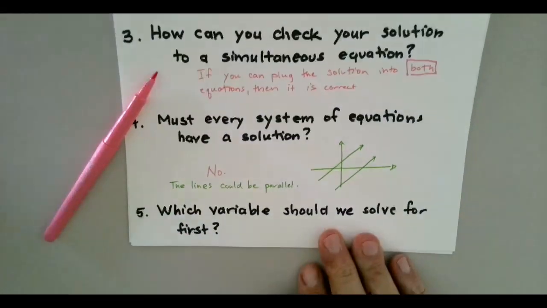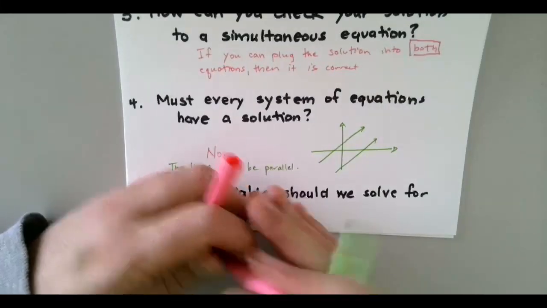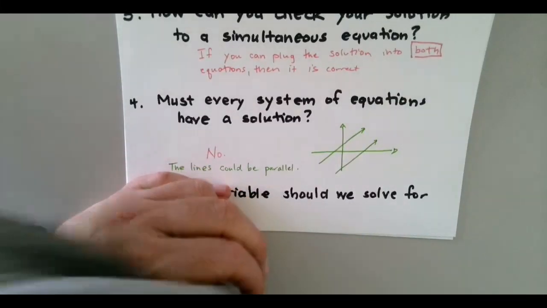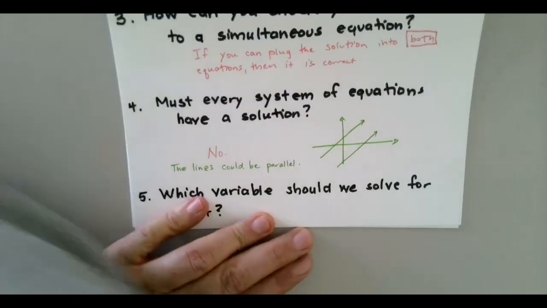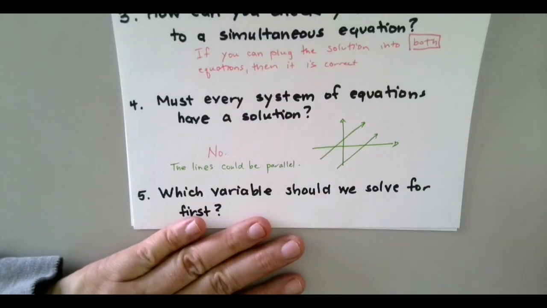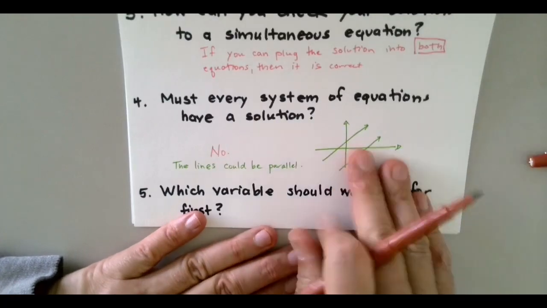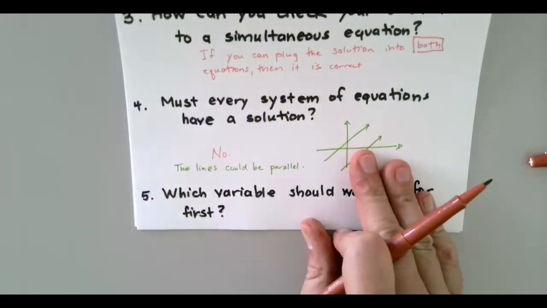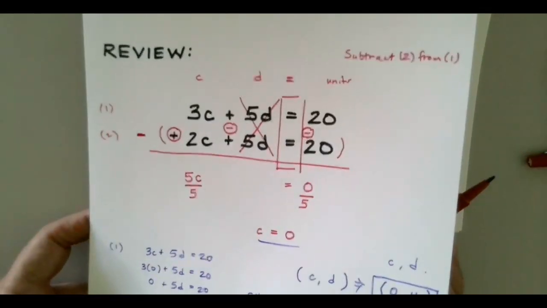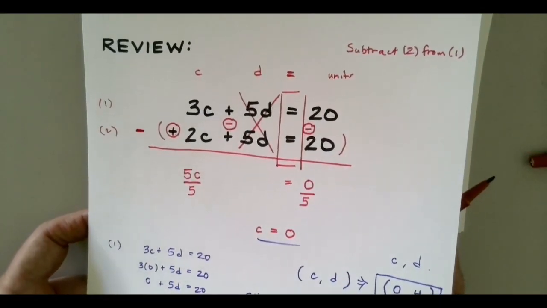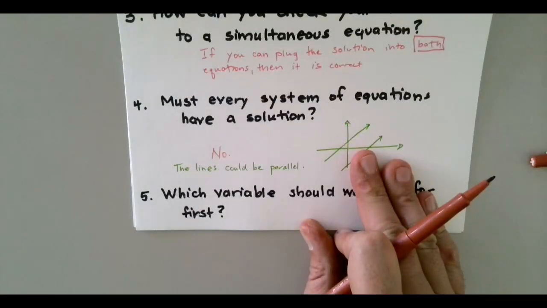Okay? And then lastly, which variable should we solve for first? So yesterday when we did this, it was pretty obvious which one we should solve for because one of the variables lined up. So in the example that I just did, the D's lined up. The C's did not line up, okay?